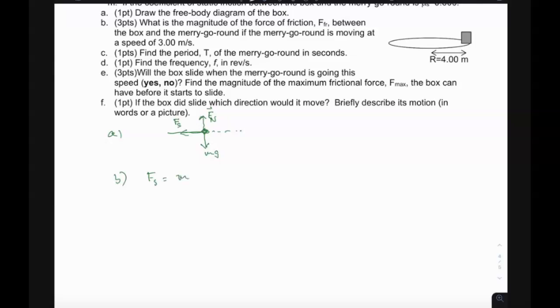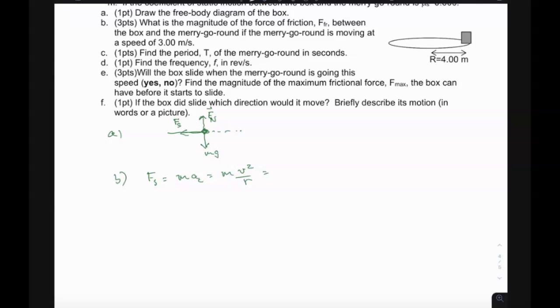So it causes it to have a net force equal to m times a, where a is its centripetal acceleration, which we know is equal to v squared over the radius. So to calculate the friction force, we just calculate m times v squared over r.